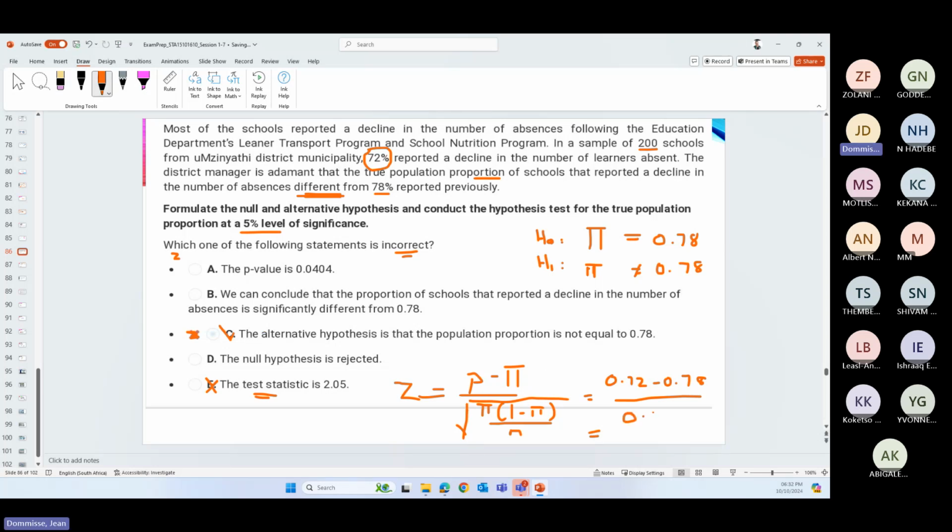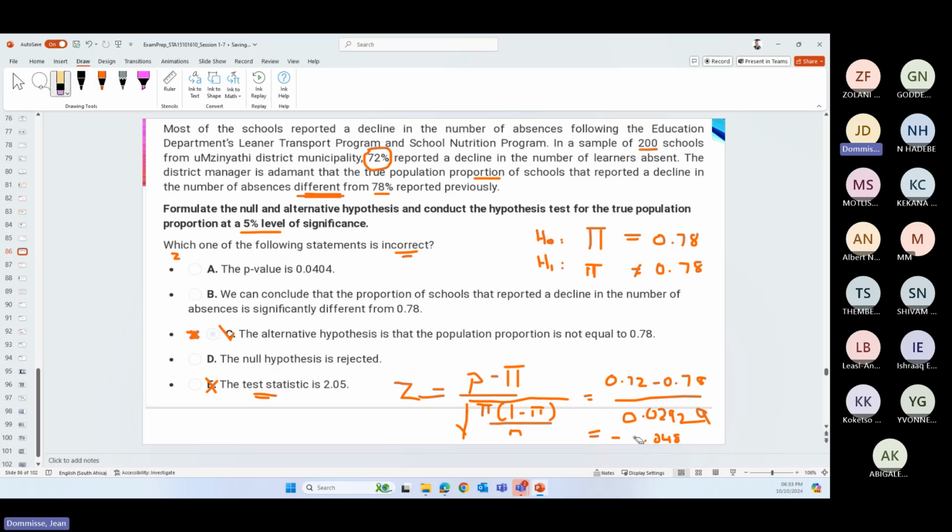Let me quickly see now. It just felt wrong. Thank you for confirming that I was wrong. Yes, minus 2.048.